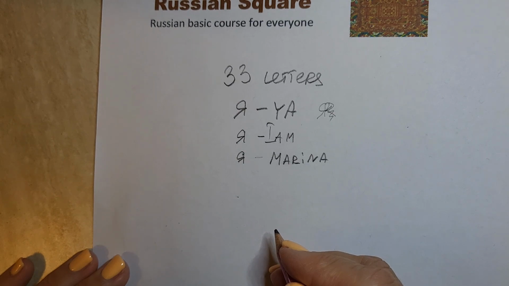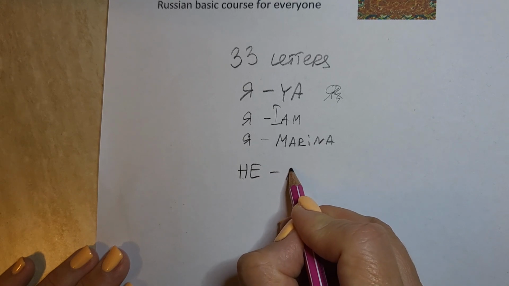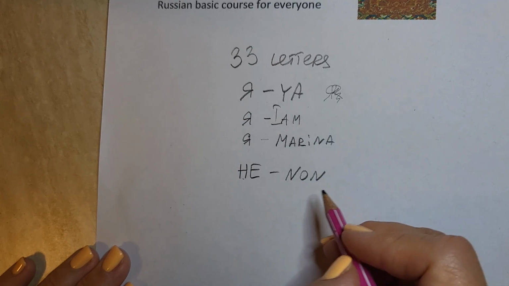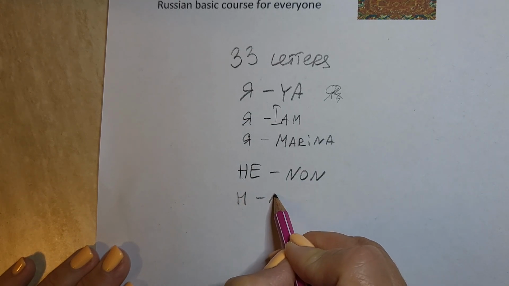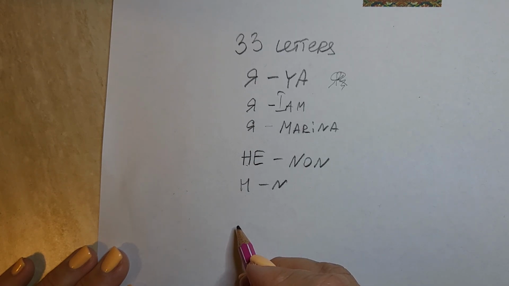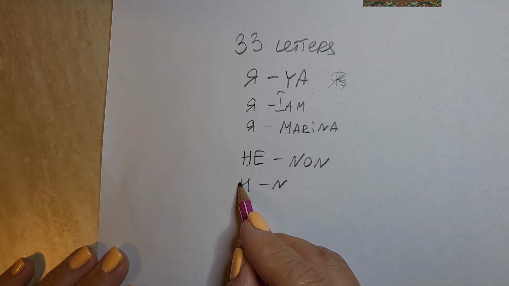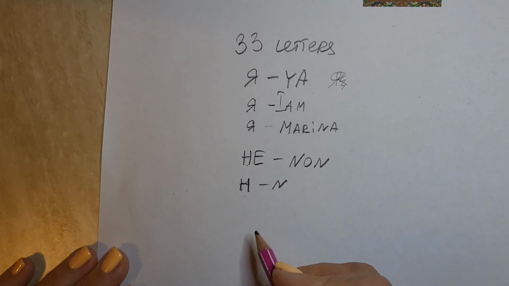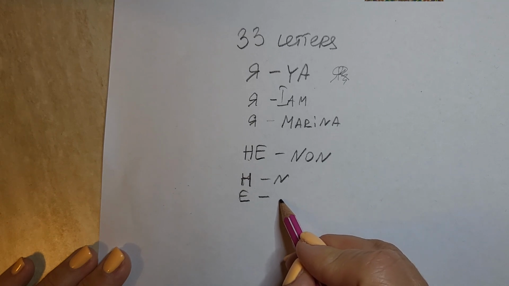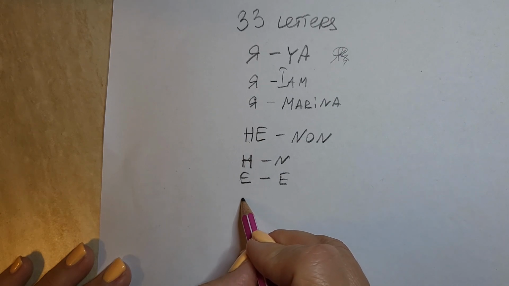Now, "not" in Russian we say не. It's written with the letter H. It looks like a letter you know, but it has a different sound: N. Instead, the letter E is pronounced as English E. Не.